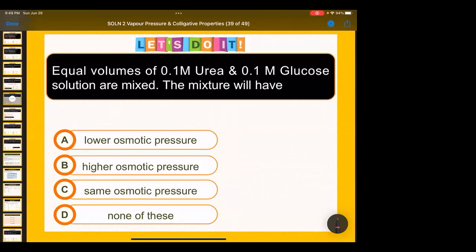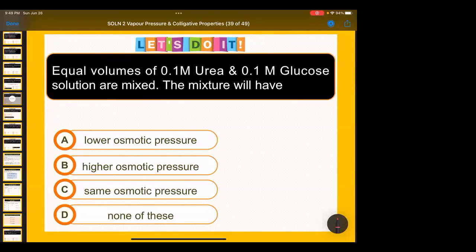Hanifa and Samara, you can also try. I think it's option C. Yeah, it is the same concentration even after mixing, because you took the same volume. Suppose you take 1 liter urea and 1 liter glucose. Both are 1 liter, and there is 0.1 mole in each. If you add them together, 0.2 mole of solute will be there, and it is a colligative property.